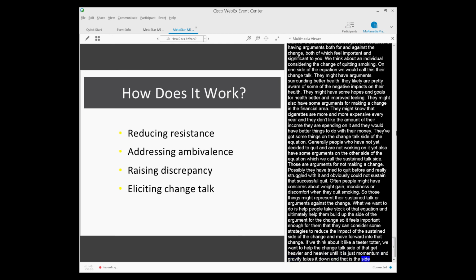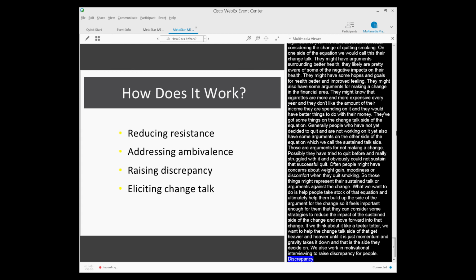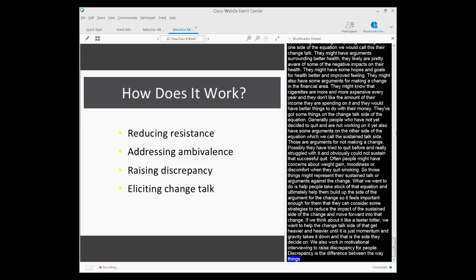We also work in motivational interviewing to raise discrepancy for people. Discrepancy is that difference between the way things are and the way they'd ideally like things to be. And in the distance between those two things, there often is a bit of discomfort.